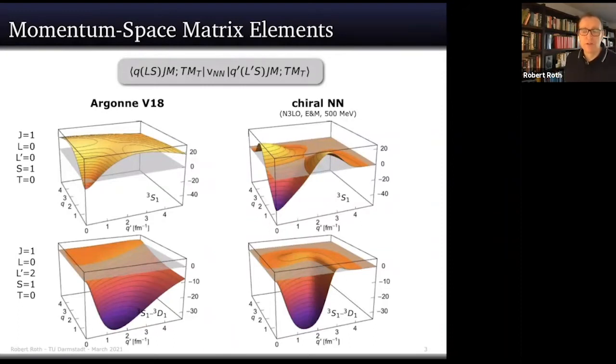of our two-body interactions. And this topic of matrix elements is something which is really, really technical and which you often simply do not find discussed in talks or even in research papers.